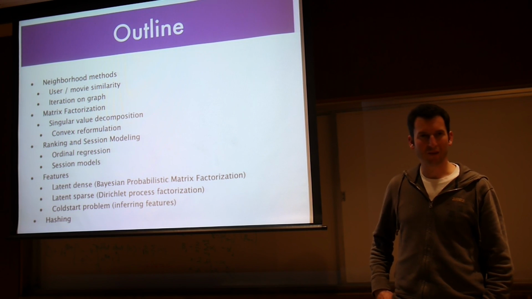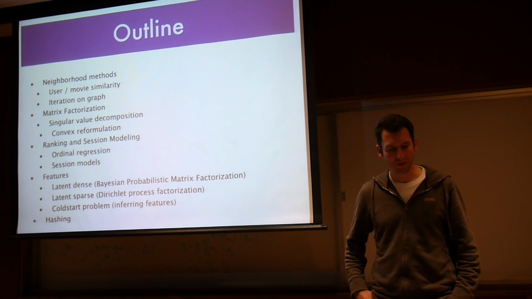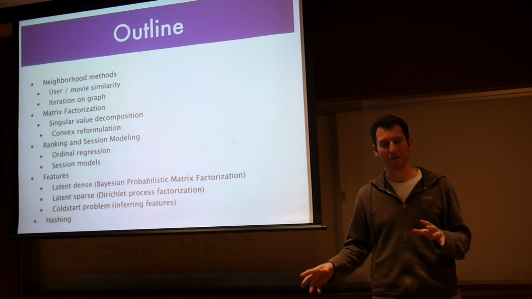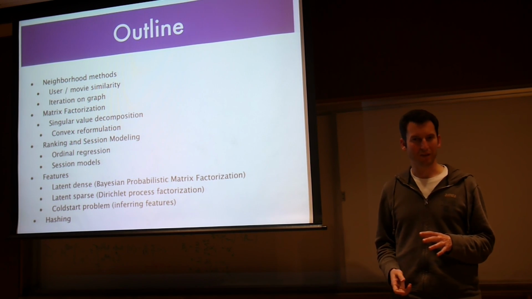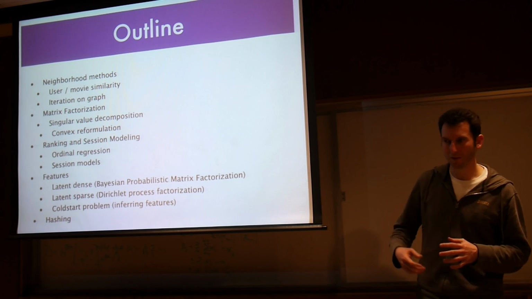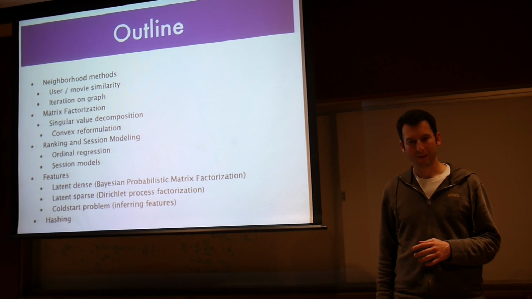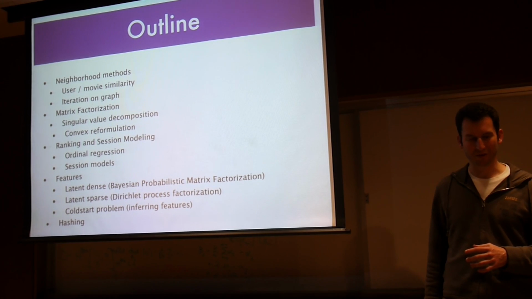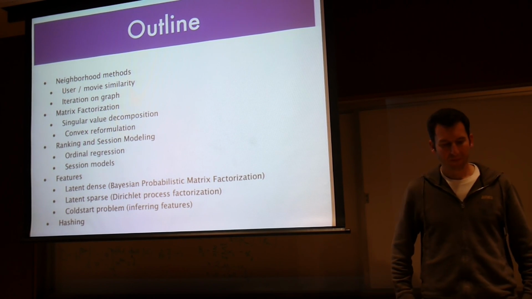Matrix factorization is considerably more powerful, and so I'll talk a little bit about the singular value decomposition style factorization, why it's actually interesting, and then more importantly, how you can actually solve it at scale, and we might very briefly touch upon things like convex reformulations eventually.